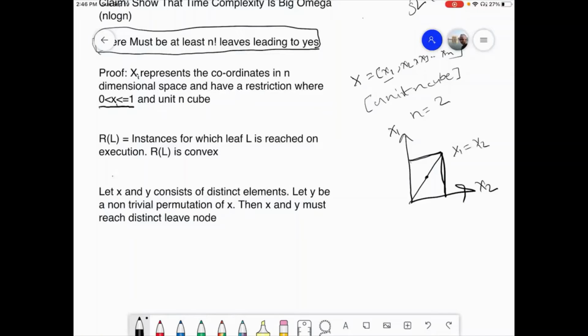That means the elements inside the array are not distinct, so the element distinctness problem is going to give us the answer no. And if a point lies anywhere in this region or this region, we know the values are not going to be the same, so we get the answer yes. So these two regions give us a yes, and this line gives us a no.